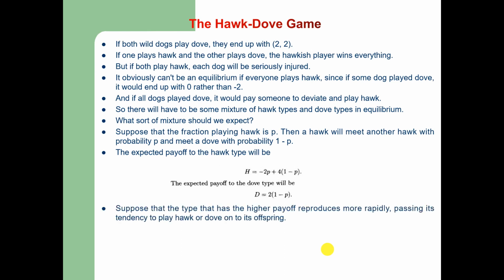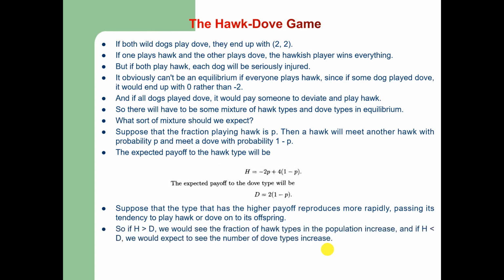Now suppose that the type that has the higher payoff reproduces more rapidly, passing its tendency to play hawk or dove onto its offspring. So if h is greater than d, we would see the fraction of hawk types in the population increase, and if h is less than d, we would expect to see the number of dove types increase in the population.